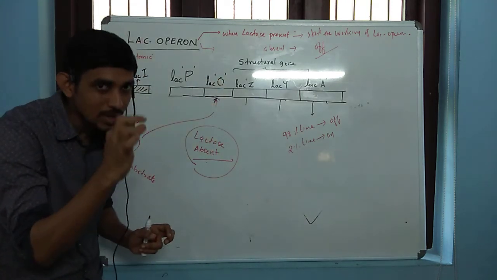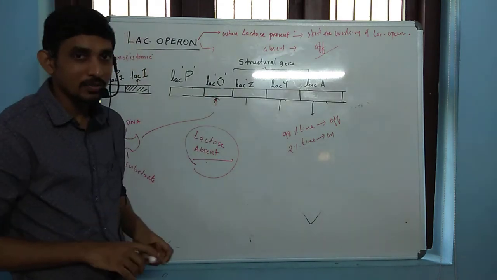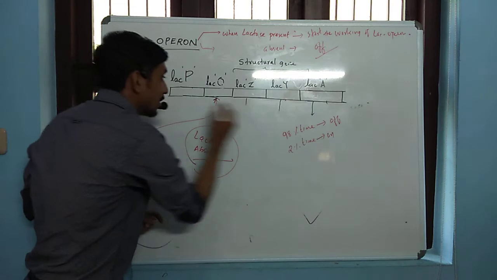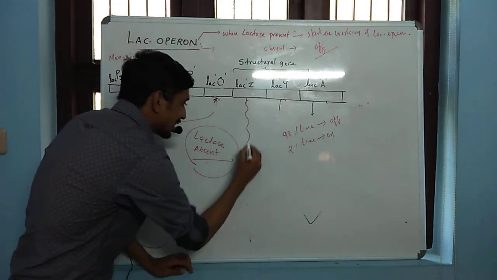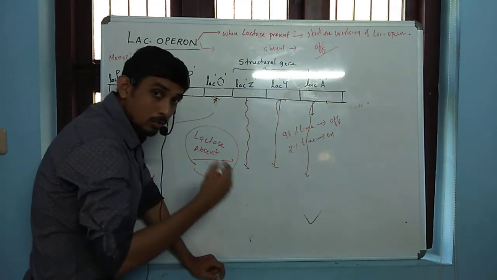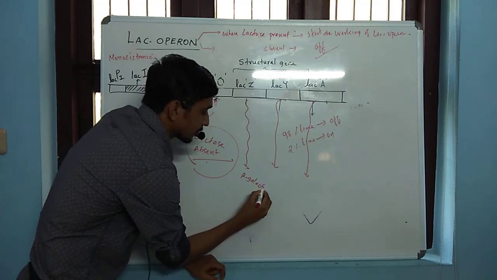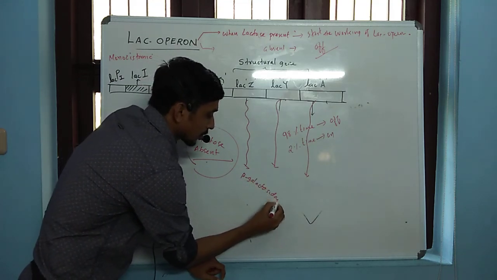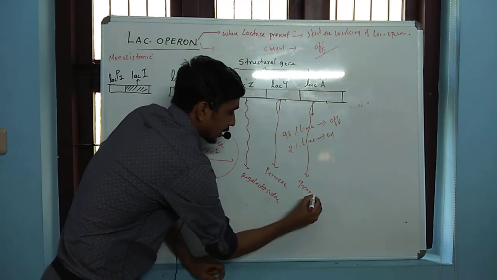But at some specific moment, it will detach from the lac operator. At that site, RNA polymerase can move through it and produces a very low amount of beta-galactosidase, permease, and transacetylase.